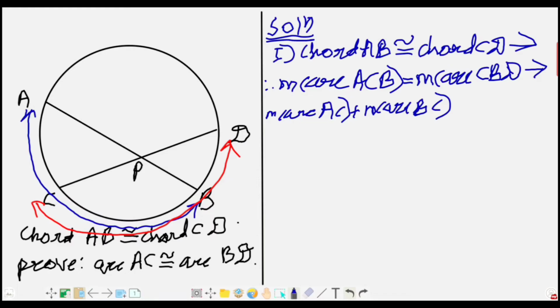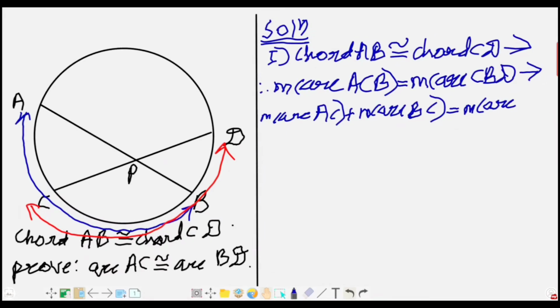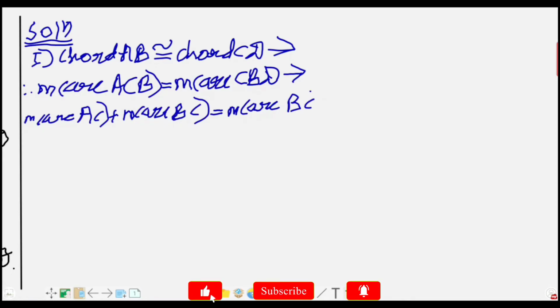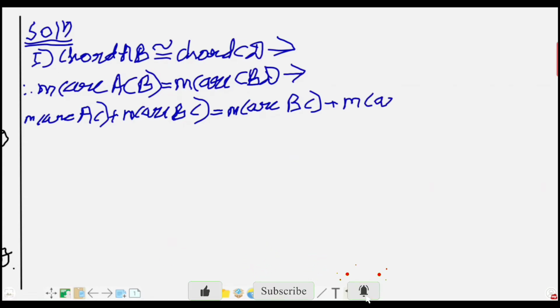In the same way, the measure of arc CBD is made up of which two arcs, students? Just look at the figure. It will be arc BC plus the measure of arc BD.